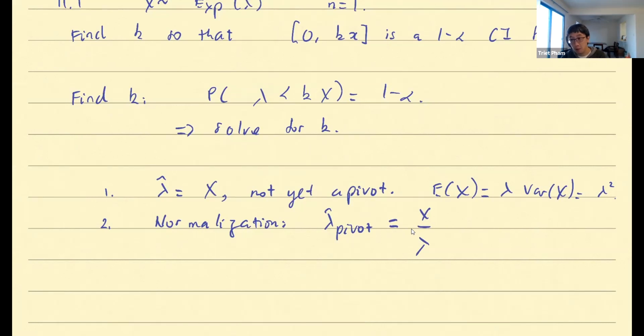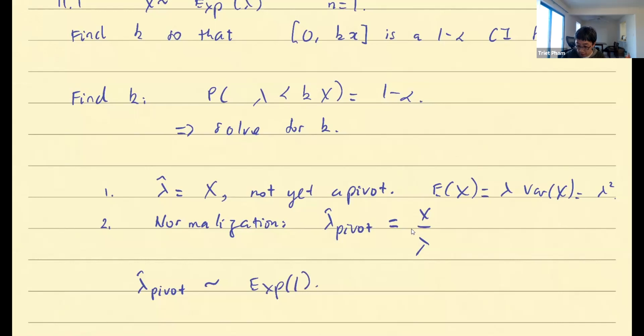Because what's lambda hat pivot? What do you think its distribution will be? Exponential what? Exactly.